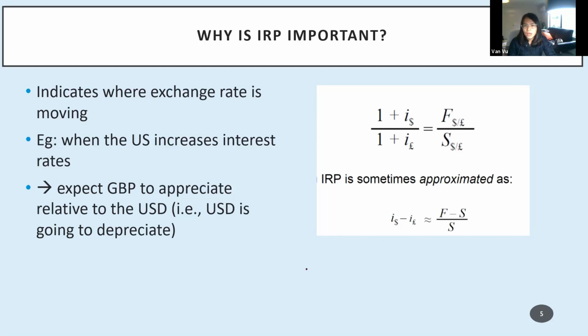For example, whenever you see an increase in your US interest rate, you can expect to see an increase in the forward premium, which means that you would expect to see the pound appreciate in the future against the USD. So by looking at the relationship between the interest rates and the exchange rates, you can predict where the exchange rate will go in the future, based on the changes of the interest rate.